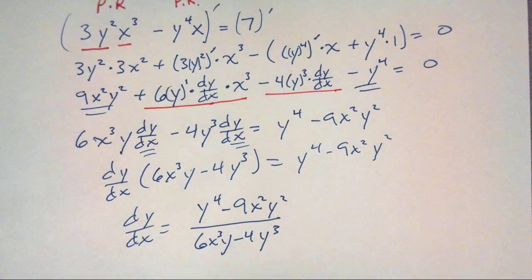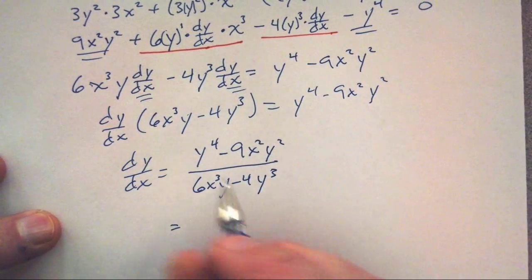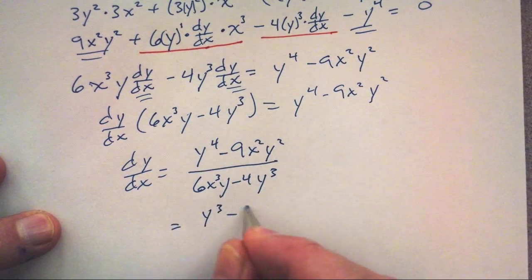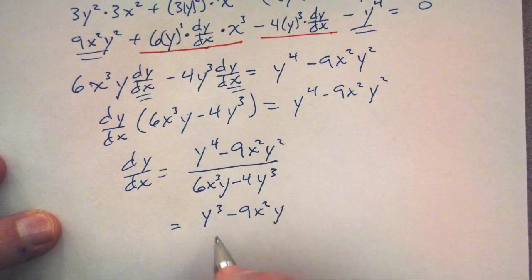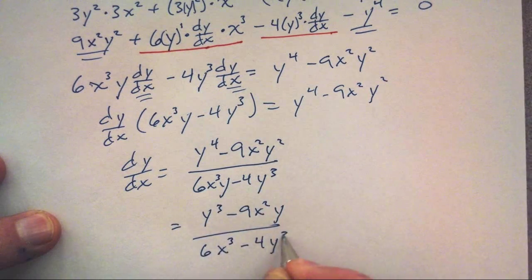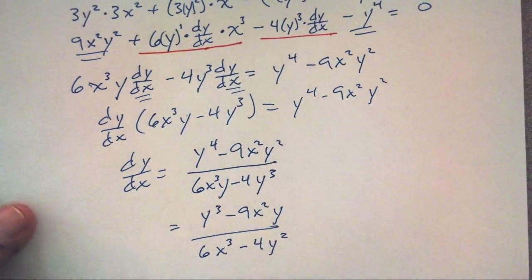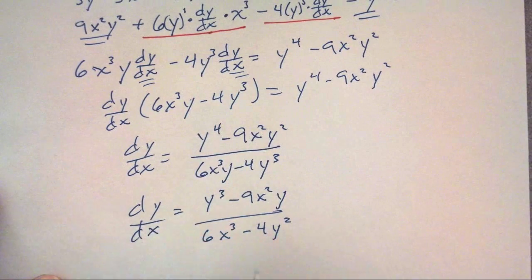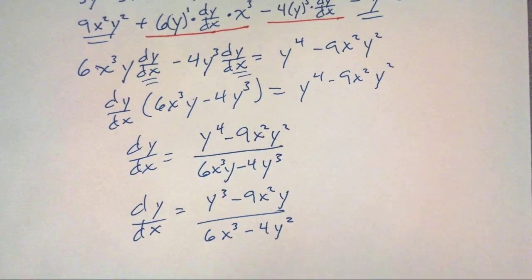And then we notice we can cancel a factor of y. Every one of these terms has a factor of y. So y cubed minus 9x squared y over 6x cubed minus 4y squared. And I can't cancel anything else. So there is our final implicitly differentiated slope formula.